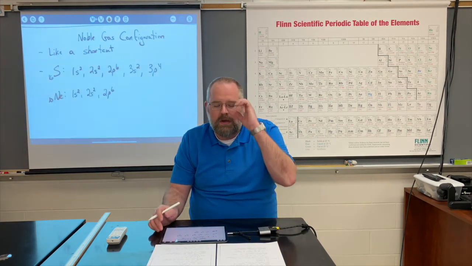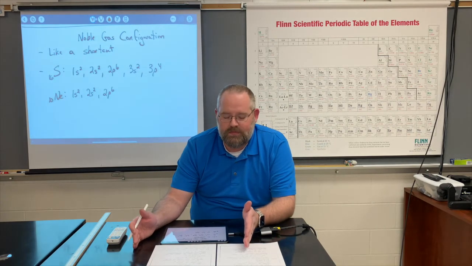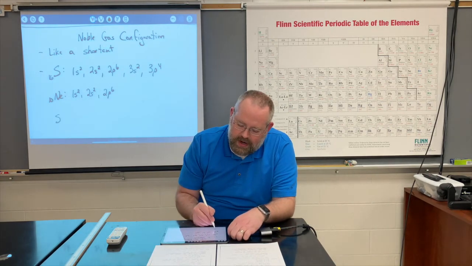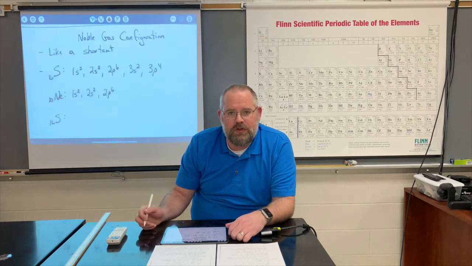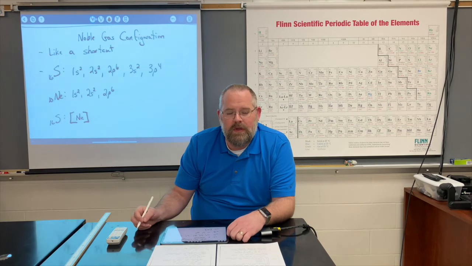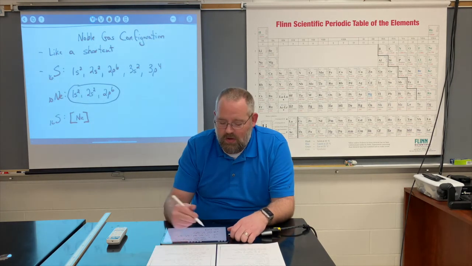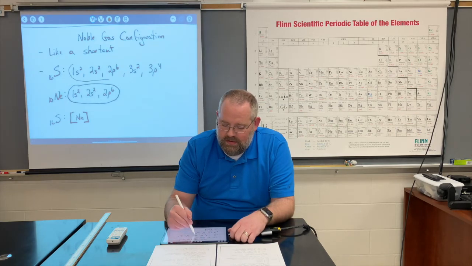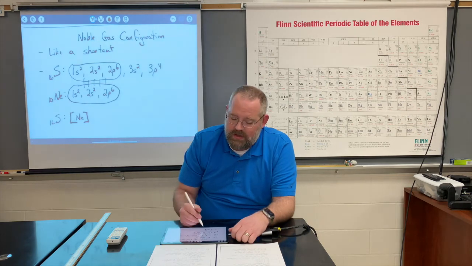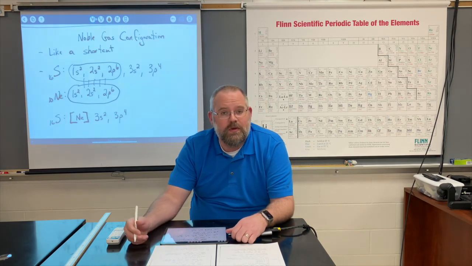All right, now for noble gas configurations, we're going to draw some brackets. So I have sulfur here, and I'm going to put in brackets neon. And when I do that, this is the same as writing that whole configuration. So we don't have to write that section. Then all we do is continue on with everything past neon leading up to sulfur.